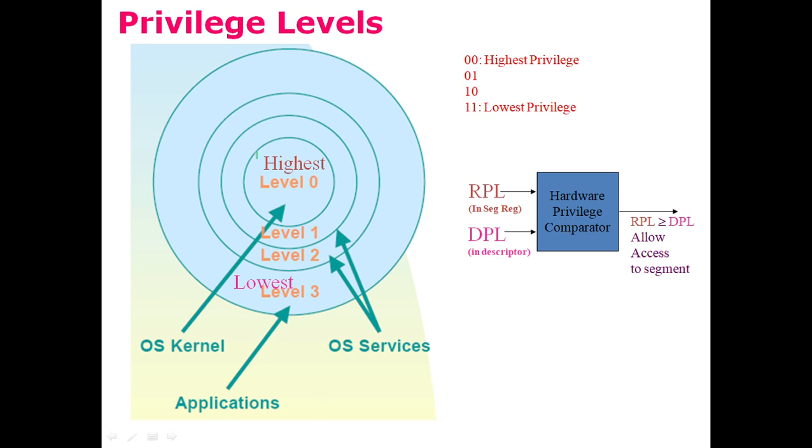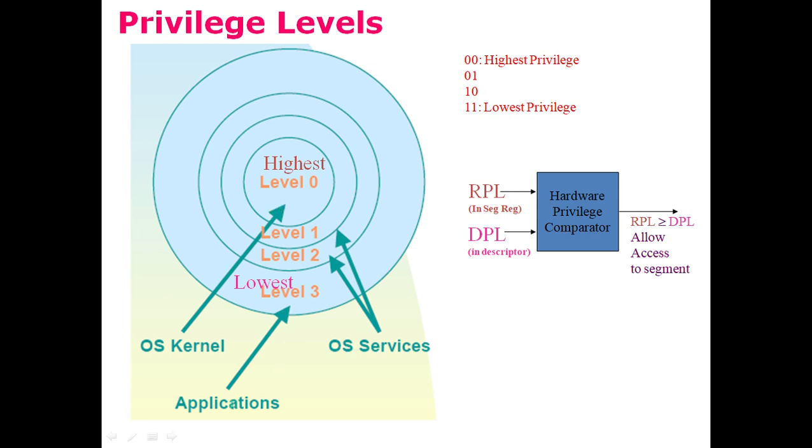So if we look at these levels, user applications cannot modify operating system programs, and operating system kernel code cannot be modified or updated by the user applications, and this is required.